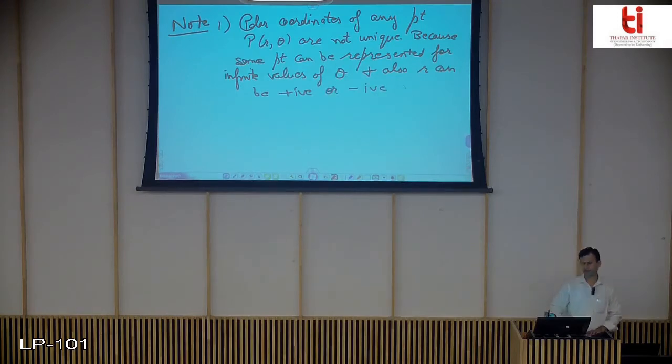So this is the first point: every polar coordinate has infinitely many representations.